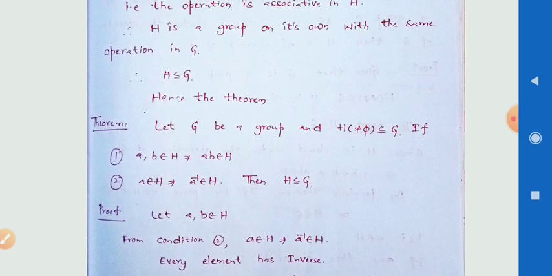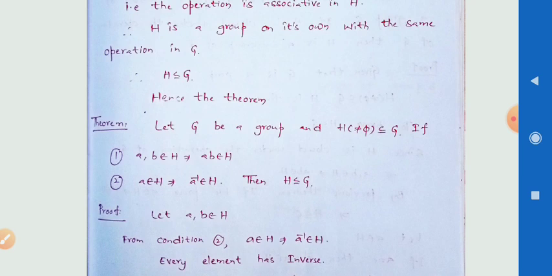Here 1 and 2 show the closure property and the inverse property. By using the closure property and the inverse property, we have to show the identity and associative property. By using conditions 1 and 2, we show the identity condition and associative property, then H becomes a group.